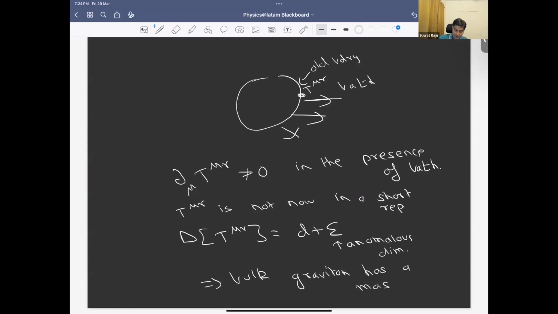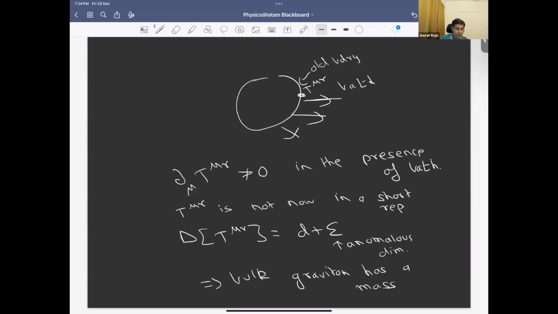Okay, I'll recap the argument. The argument is as follows. Look, AdS/CFT relates the dimension of boundary operators to the mass of bulk fields. The graviton is related to the stress tensor on the boundary. The dimension of the stress tensor is fixed to be D, where D is the boundary spacetime dimension.